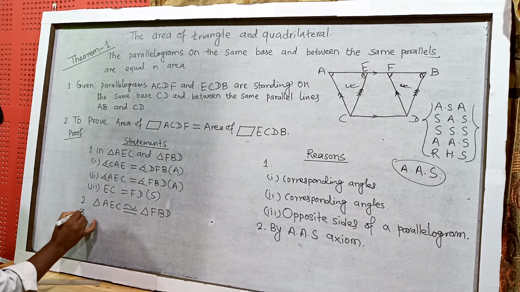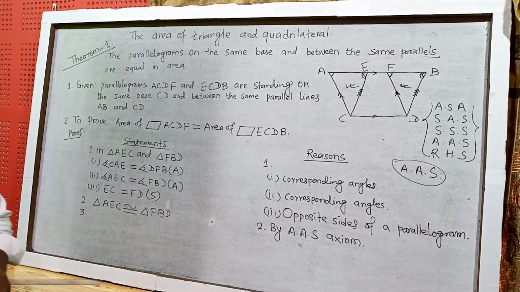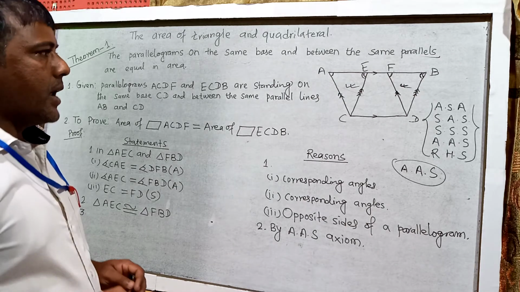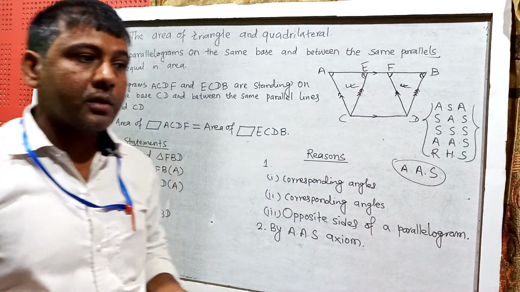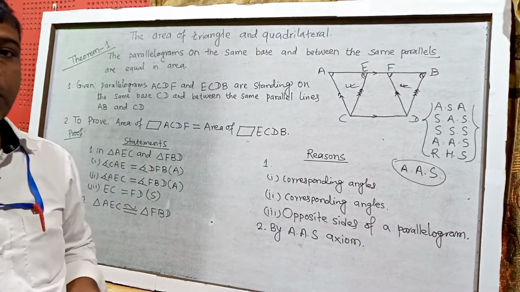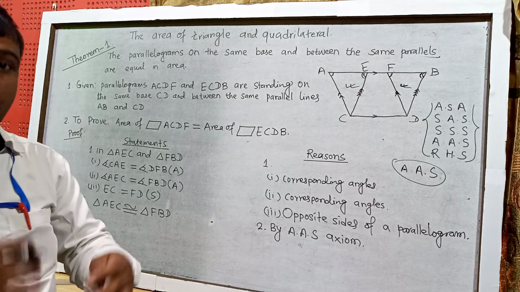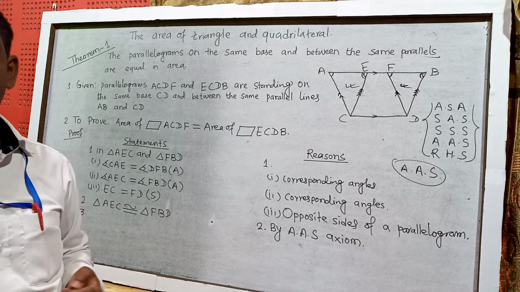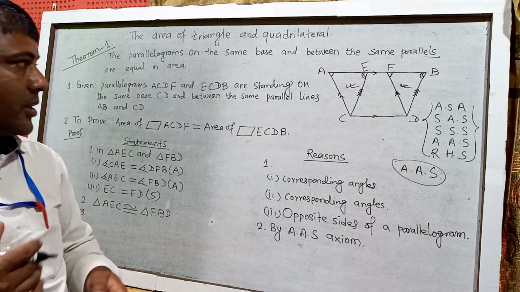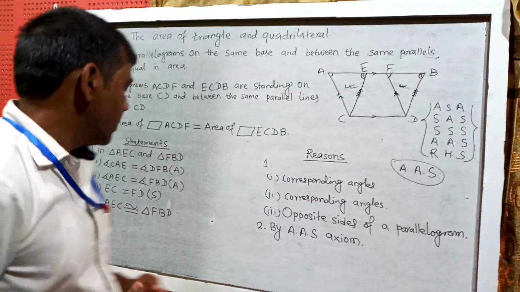Now in number three, after the congruency of triangles, we can write their areas equal. If the triangles are congruent, then their areas are equal. Their corresponding sides are equal, their corresponding angles are equal, and their areas are equal.